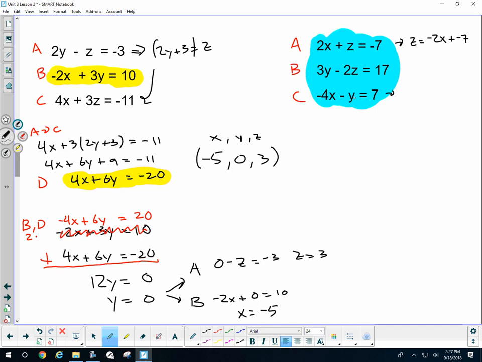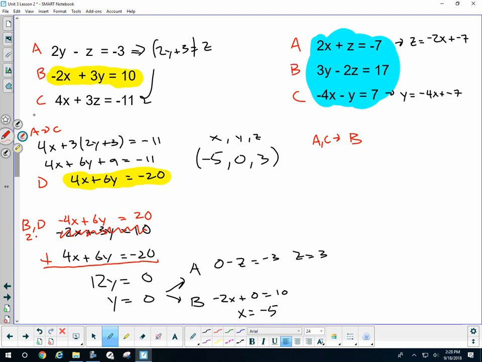Equation C, I can add the y and subtract the 7, and I get y is equal to negative 4x plus negative 7. Now I have z and y in terms of x. I can plug both A and C into B.